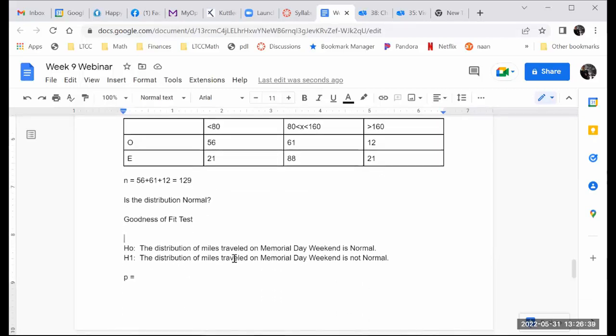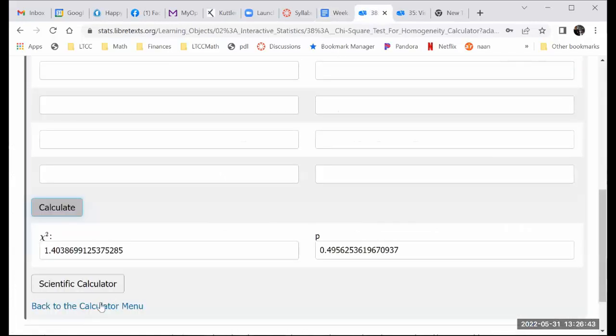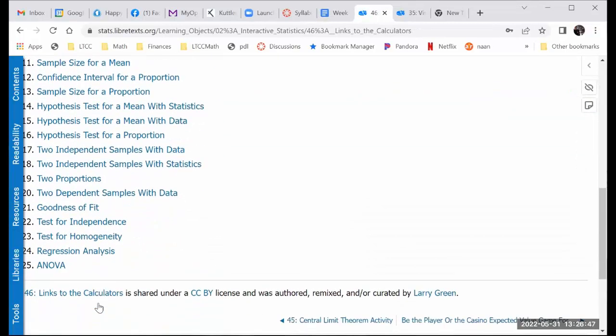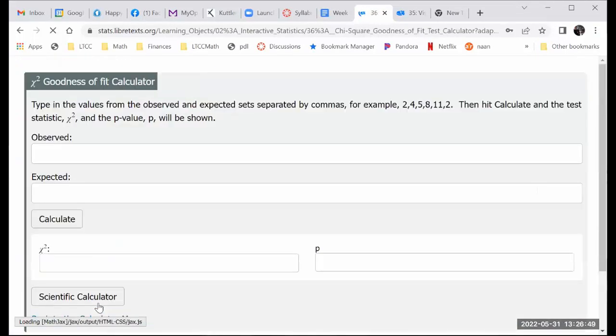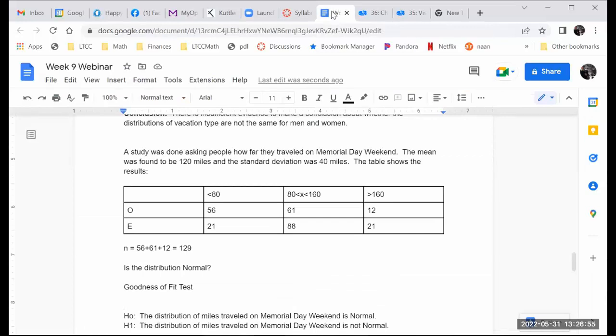So we need to find the test statistic and p-value. So now we just go to the goodness of fit calculator. Piece of cake. We have our observed, our 56, 61, 12.